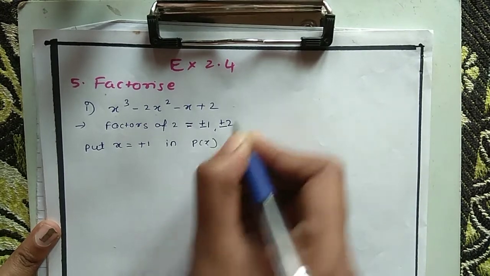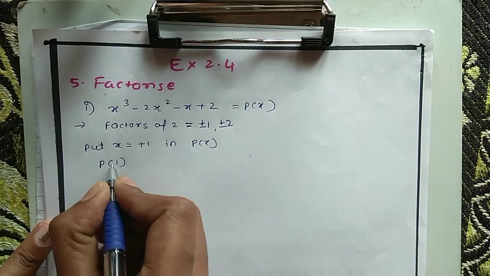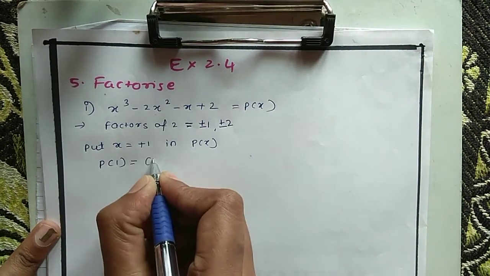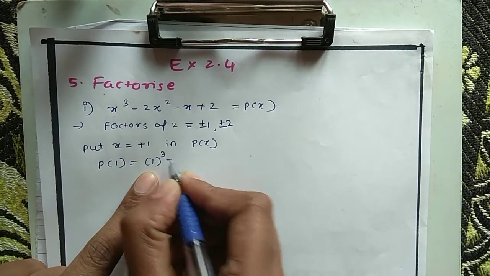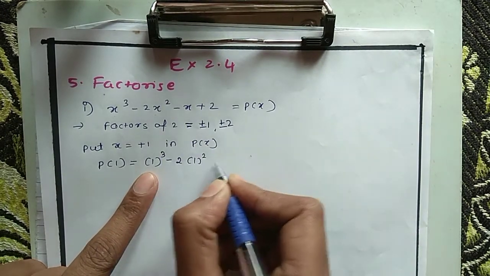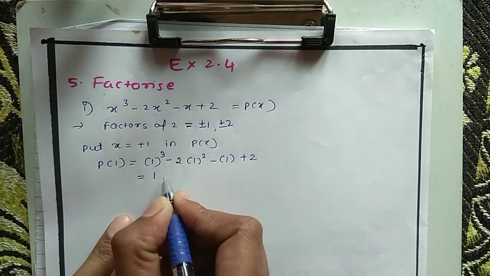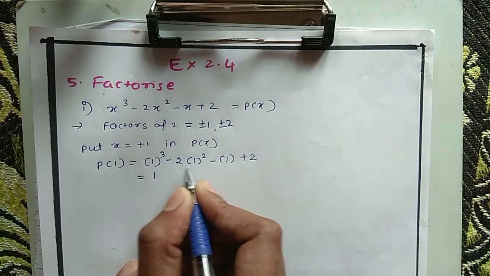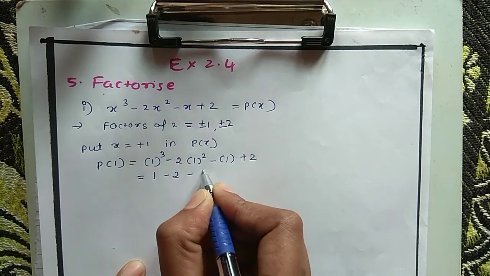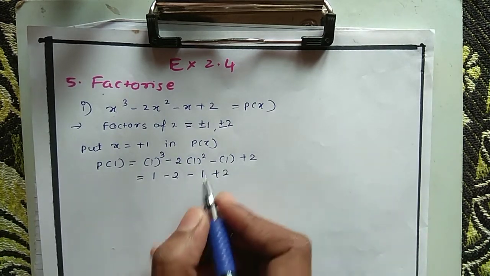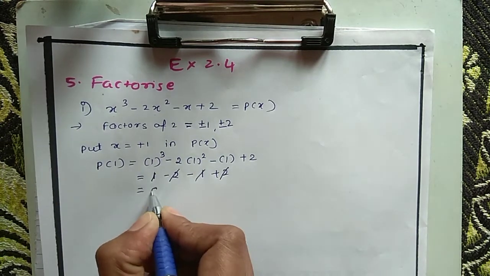I will not write the polynomial once again, so I'm doing it directly: 1 cube minus 2 into 1 square minus 1 plus 2. 1 cube is 1, 1 square is 1, 1 into 2 is 2, so 1 minus 2 minus 1 plus 2. Here you can see minus 2 plus 2 get cancelled, so the polynomial is 0.